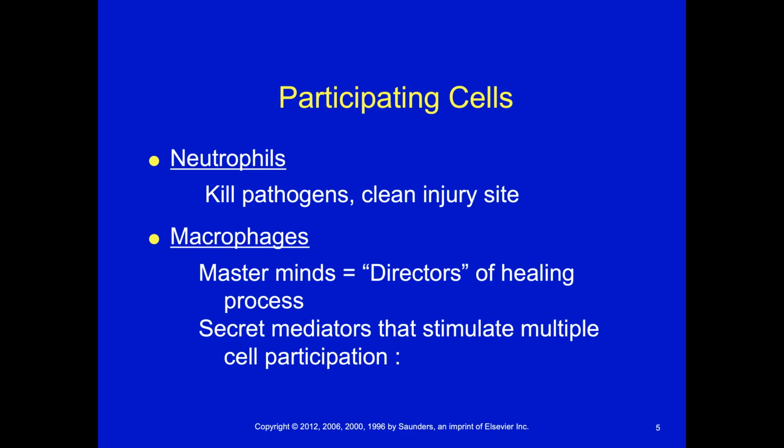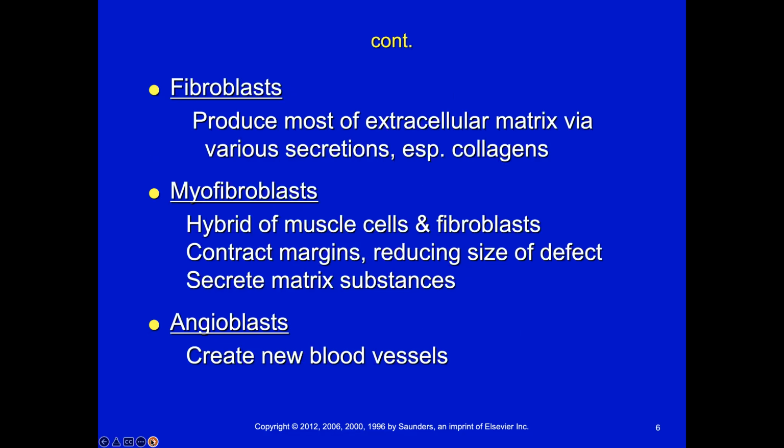They're always involved in the process of inflammation and very much so in the healing process. They actually direct it. And they are involved in secreting various mediators that will stimulate a variety of cells to come to the site and participate in the healing process. So we're going to talk about those specific cells now.